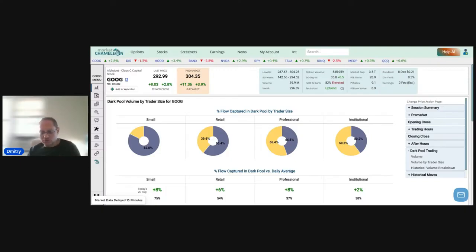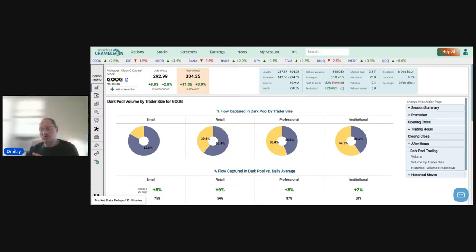At one point all the resting orders went to the exchange, and the exchange had an order book that was dark, meaning that besides the NBBO, the best bid, best offer, you couldn't see the order book beyond that.